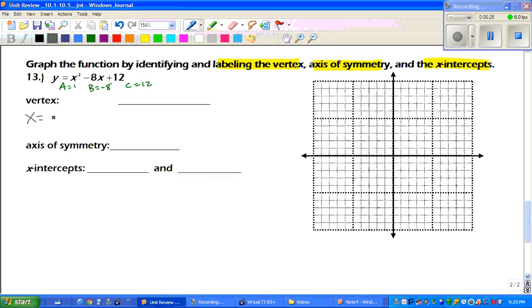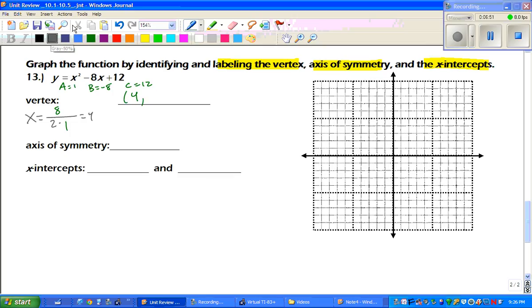So to find the vertex, I want the opposite of B, which is going to be +8, over 2 times A. So that's going to give us 4. So my vertex x-value is 4.